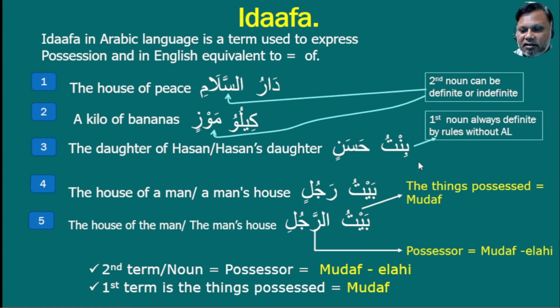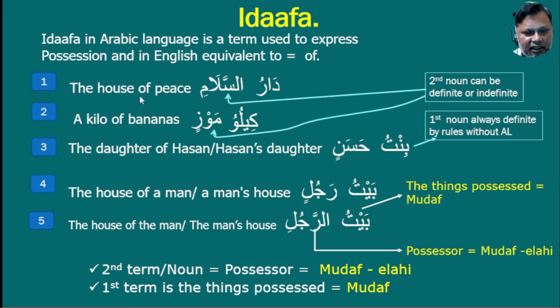As we know, whenever we put al, that word cannot take tanwin, two dhamma. Here there is no al, but it is definite. So this first term cannot take double dhamma. It always takes a single dhamma. These are the rules.